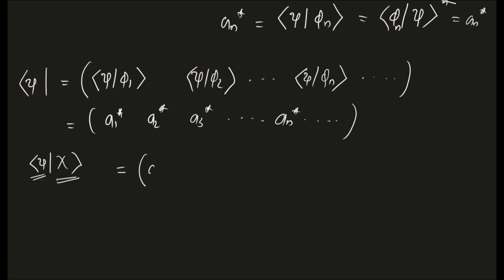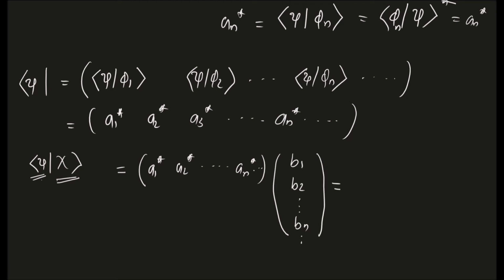So this is given by a1 star, a2 star, etc., up to an star, then multiplied by, let's put another set of coefficients for this chi vector. So this is represented by a column vector b1, b2, etc., bn, etc., right?